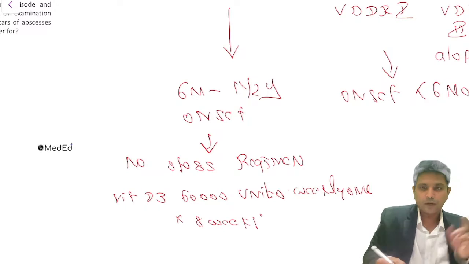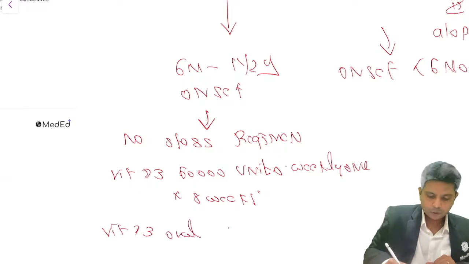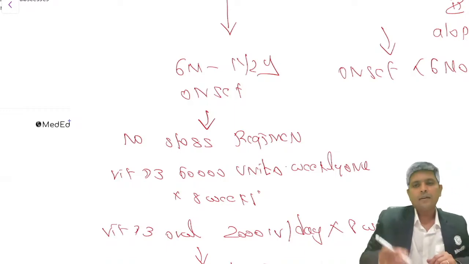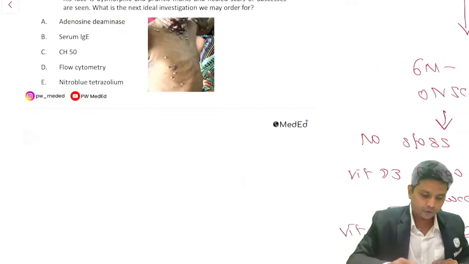This is one regimen. Another regimen is vitamin D3 oral, 2000 international units per day for 8 weeks. At the end of 8 weeks, you need to take an X-ray of the knee. If you take an X-ray knee, you will find out this one.